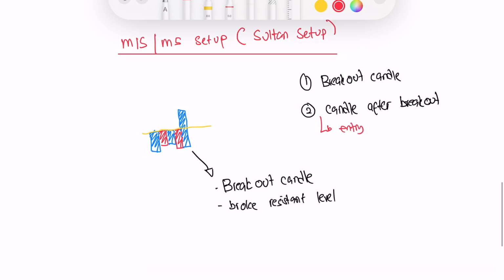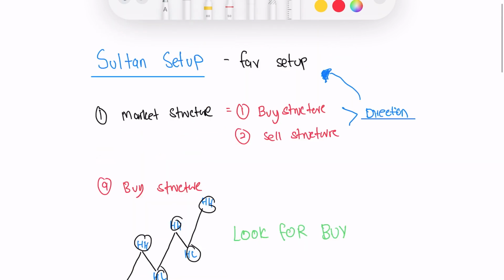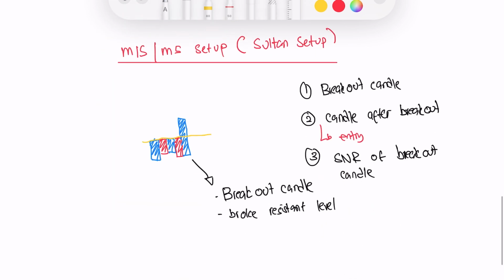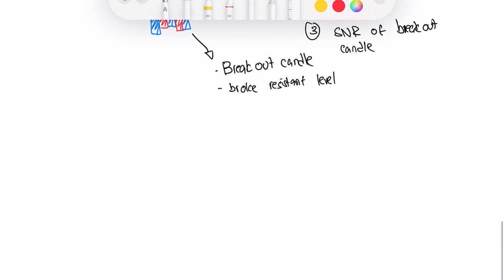And then the third one is understanding S and R of breakout candle. Okay, so this is scenario number one. First scenario. Second scenario.